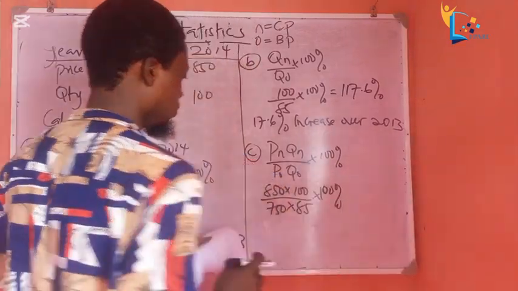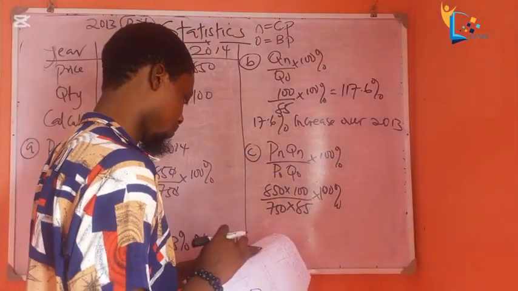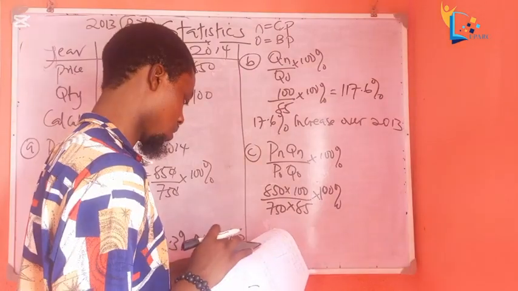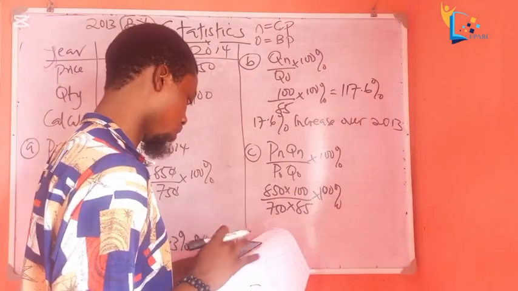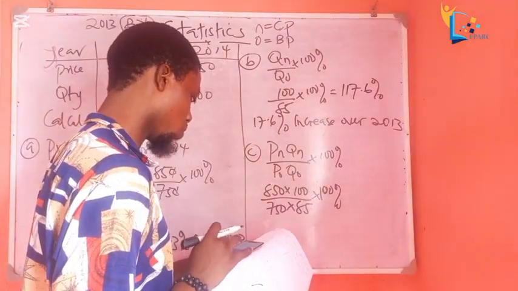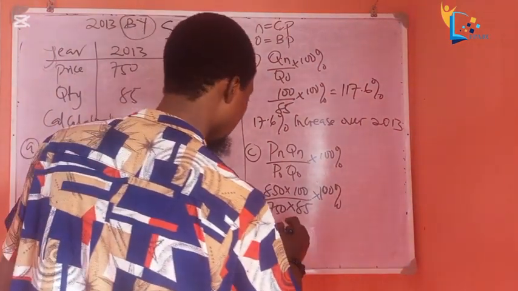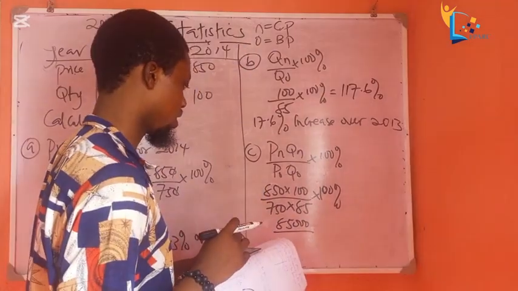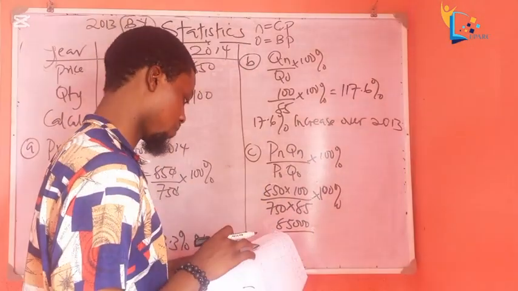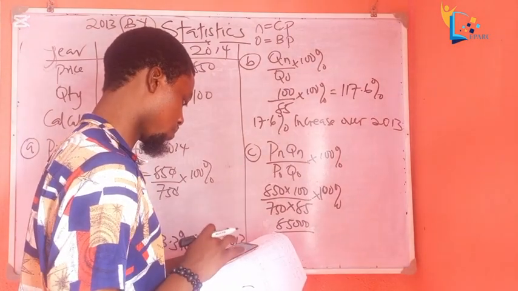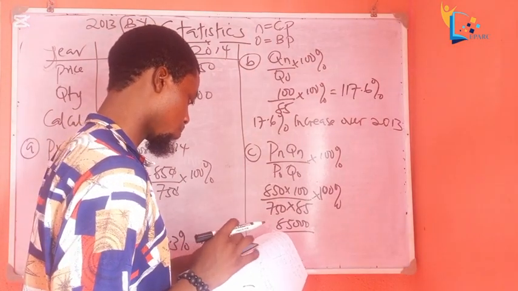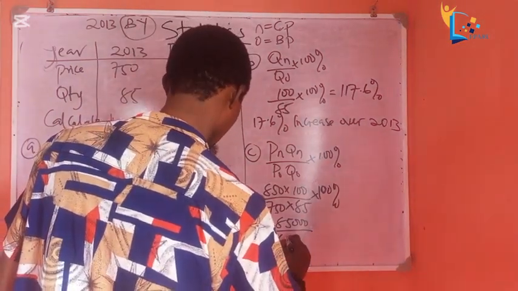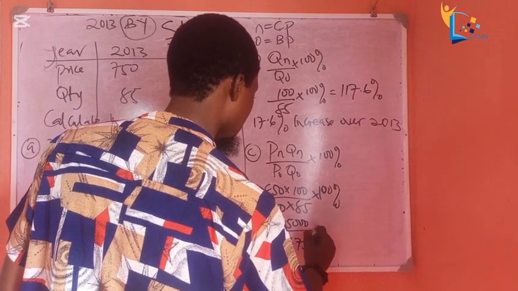So we have 850 times 100 times 100, which is 85,000 all over 750 times 85. 750 times 85, which is 63,750, times 100%.